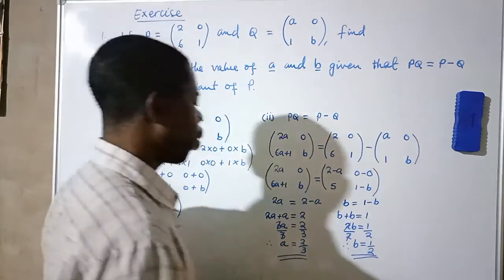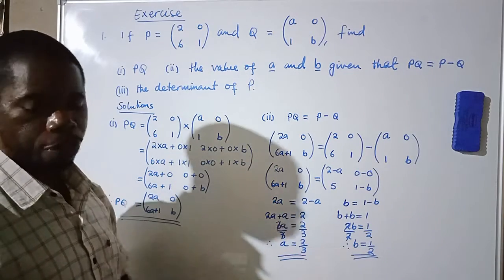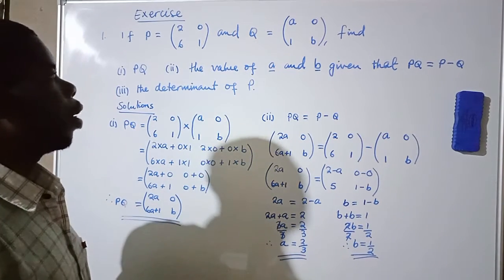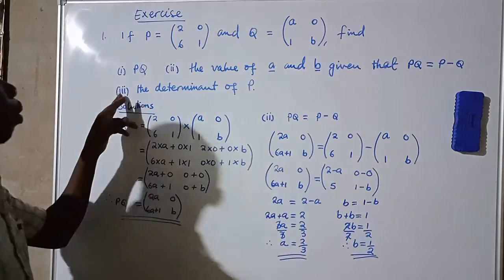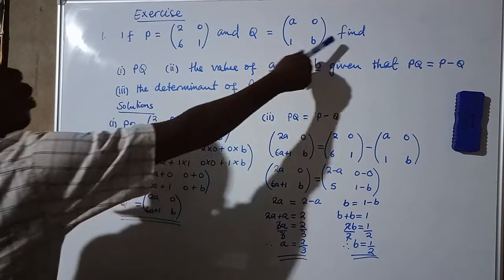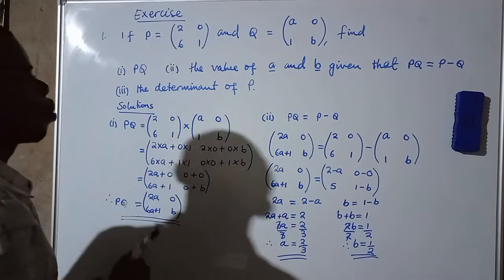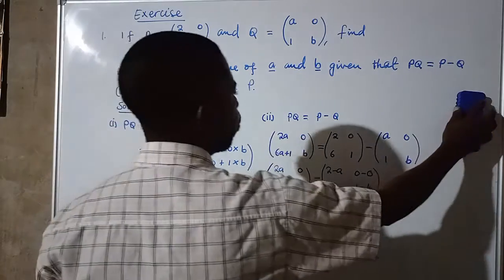Okay? So we have found both the values of a and the value of b. So now let's move to question number 3 or part 3, which says we find the determinant of p. So the determinant of this. So let me just clear this part.